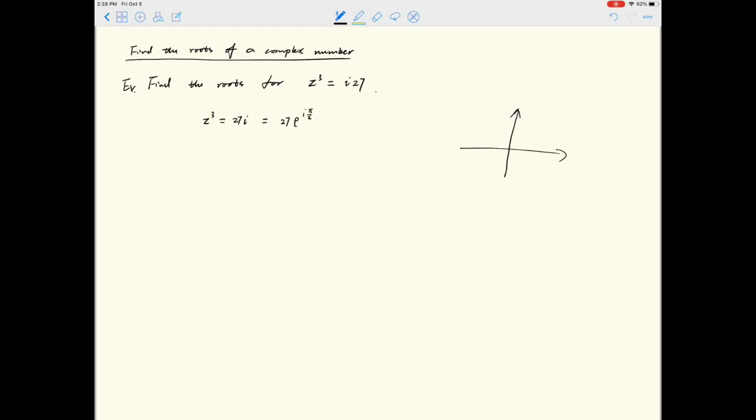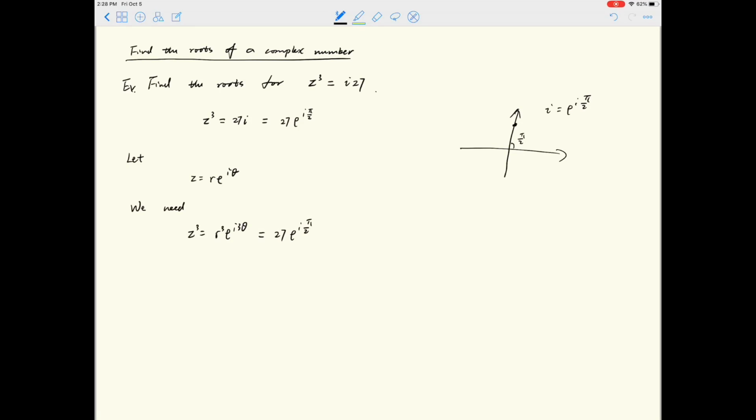On a complex plane, the imaginary unit is here, which has a phase angle of half pi. So i equals e to the i of half pi. Now let's assume that z takes the general form, which is r e to the i theta. We need to find r and theta such that z cubed, which is r cubed e to the i 3 theta, equals 27 e to the i half pi.